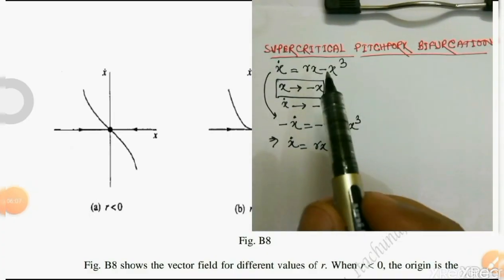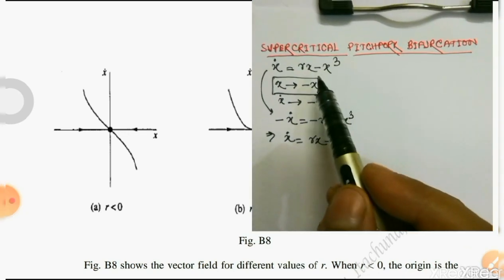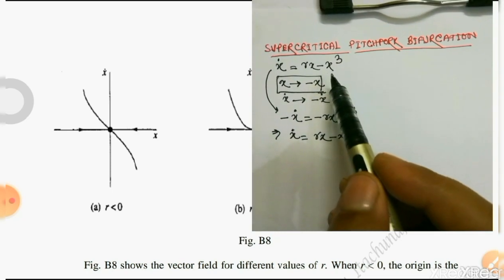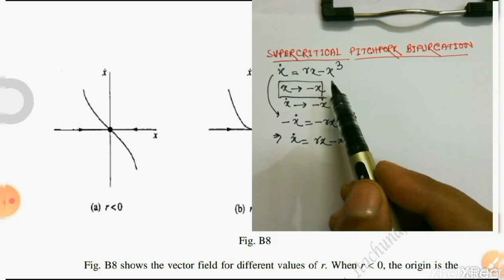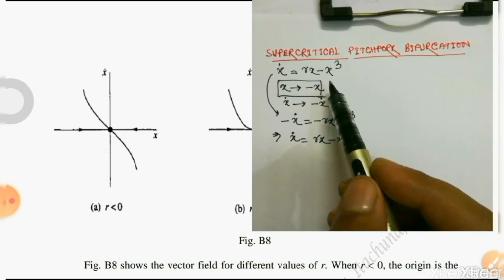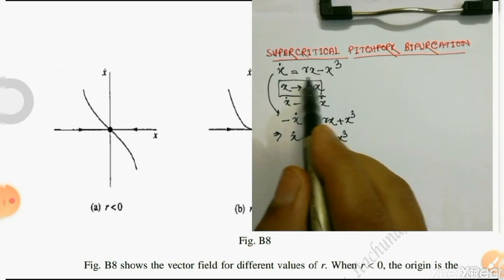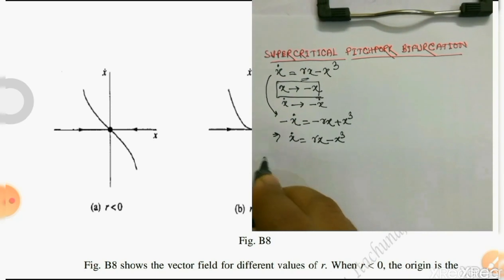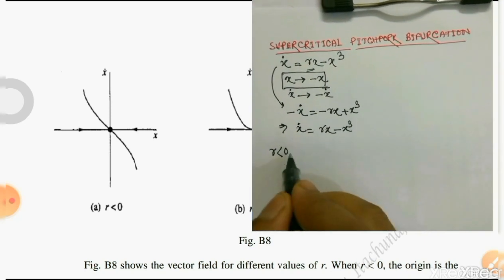So, we are discussing supercritical pitchfork bifurcation, and our one dimensional equation is x dot equal to rx minus x cube. We will check the fixed points and analyze the stability of these fixed points for different values of r. So, first condition is r less than 0.